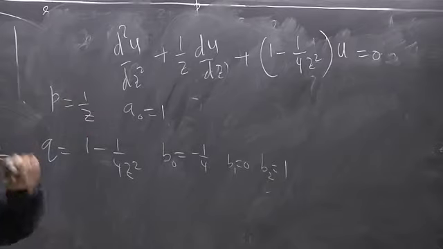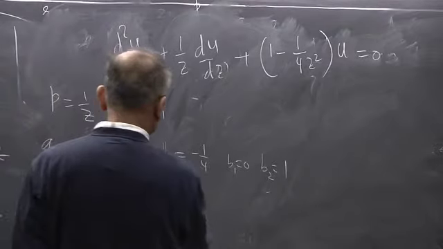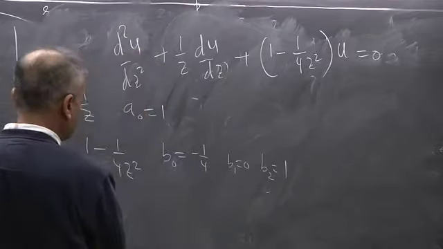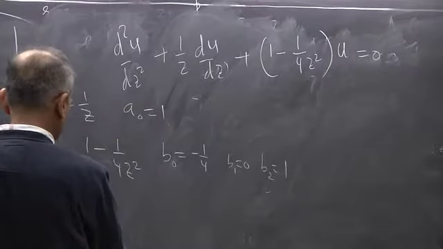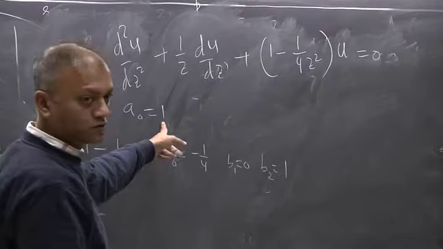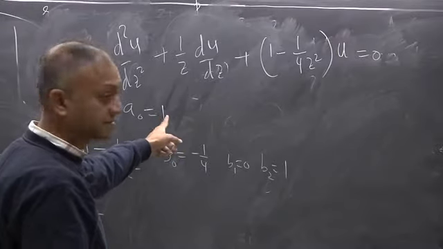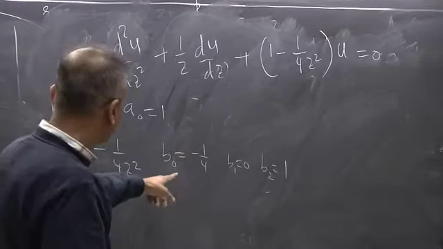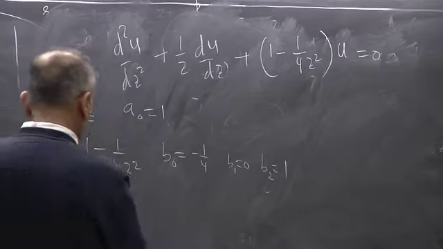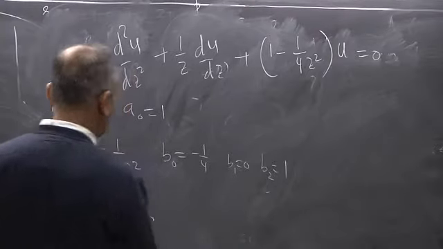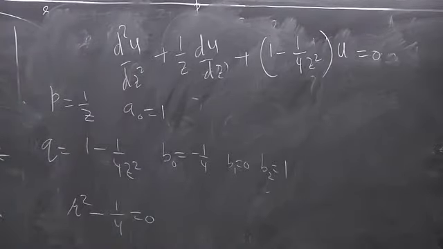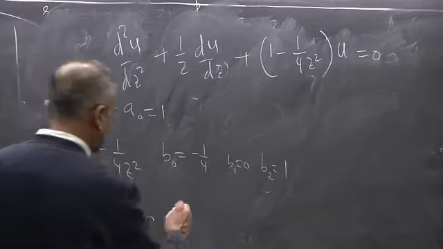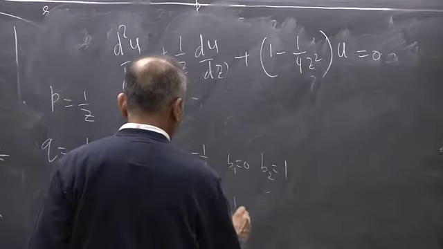So it's very simple. So we plug that in. Look at the indicial equation. The indicial equation is r square plus 1 minus a0 times r. That cancels, and what is left over is b0, so minus 1/4, equal to 0, right? So the two solutions are r equal to plus or minus half.